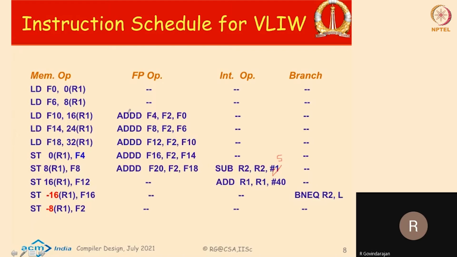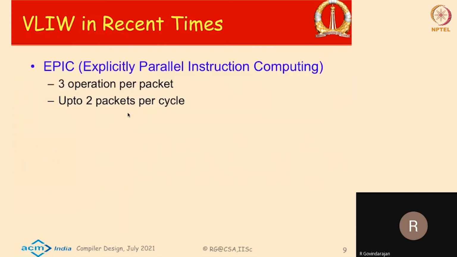That is the question that we want to address in instruction scheduling. This is, of course, for the code inside the loop body, which fortunately happens to be a single basic block, right?